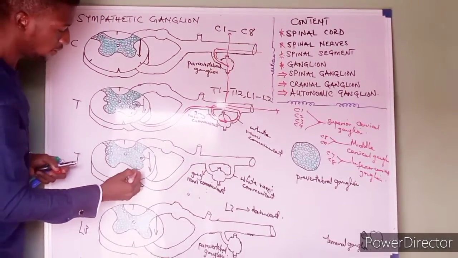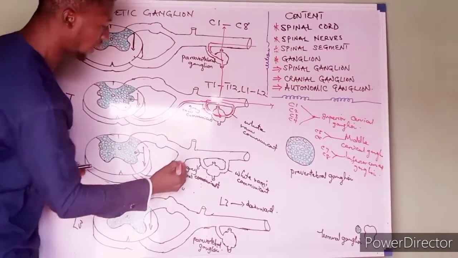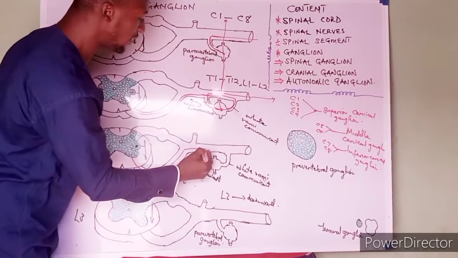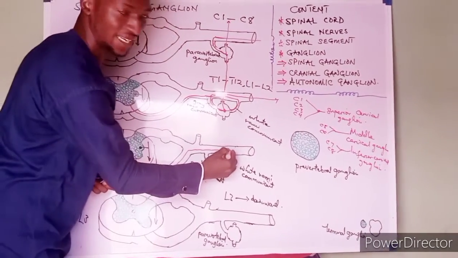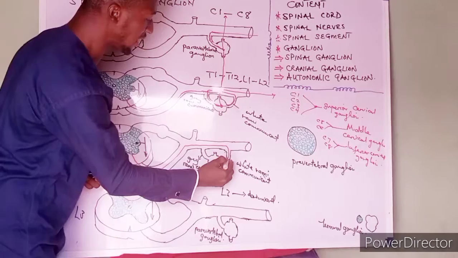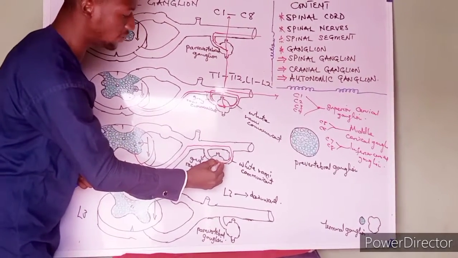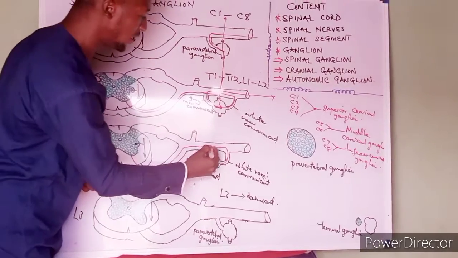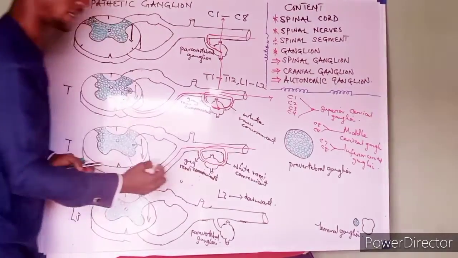Now, this is it. The sympathetic fiber comes out to the anterior root, and as it comes out, it follows up with the spinal nerve. It enters through the white ramus communicans, and it leads to the gray ramus communicans. It continues its journey outside.